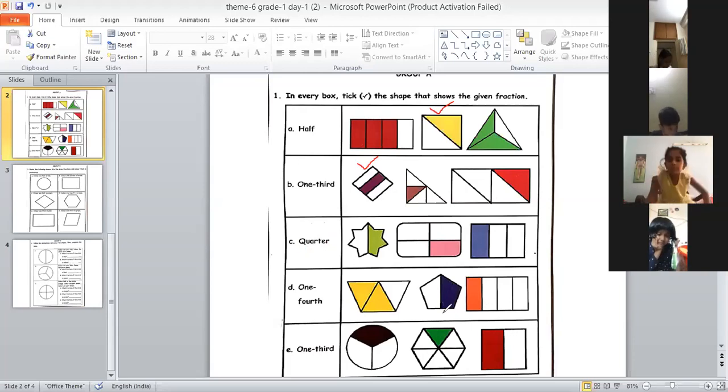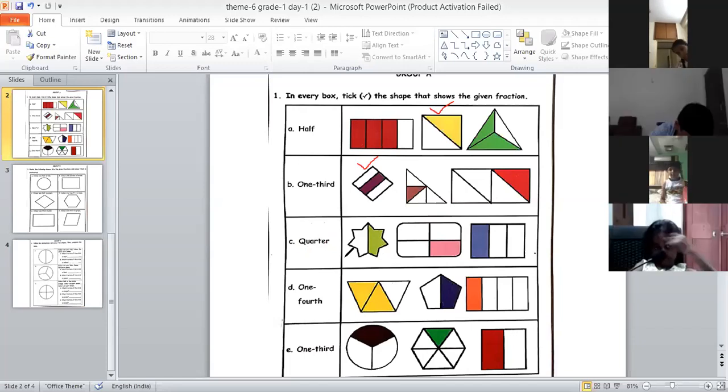Now in the third bit, the first shape is representing which fraction? Half. Very good. Yes, children, this is correct. The first shape is representing half because it is divided into 2 parts and out of 2, only 1 is shaded, or you can say 1 is unshaded. So this is not our correct option.